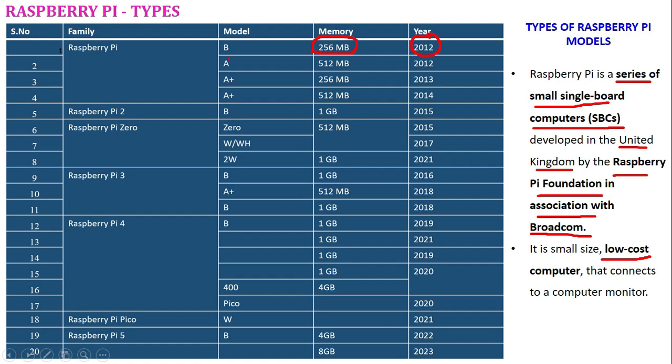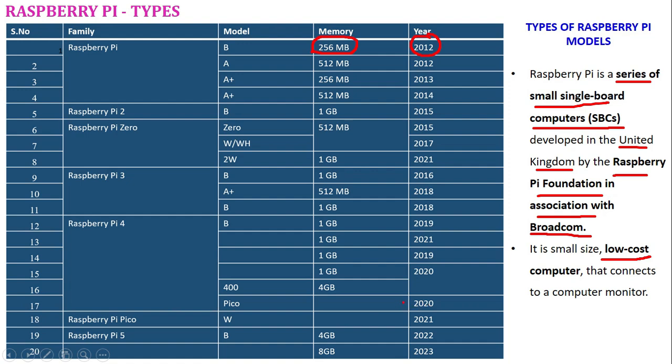Then we have other variants like A plus with different memory capacities. Then came the Raspberry Pi 2B with 1 GB memory capacity. Then they introduced Raspberry Pi 0 with a 512 MB memory capacity, and 1 GB memory capacity. Similarly, Raspberry Pi 3, 4, 5 have been introduced.